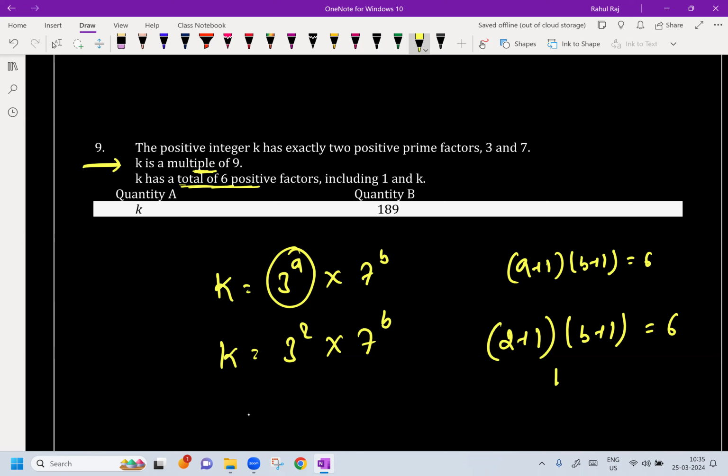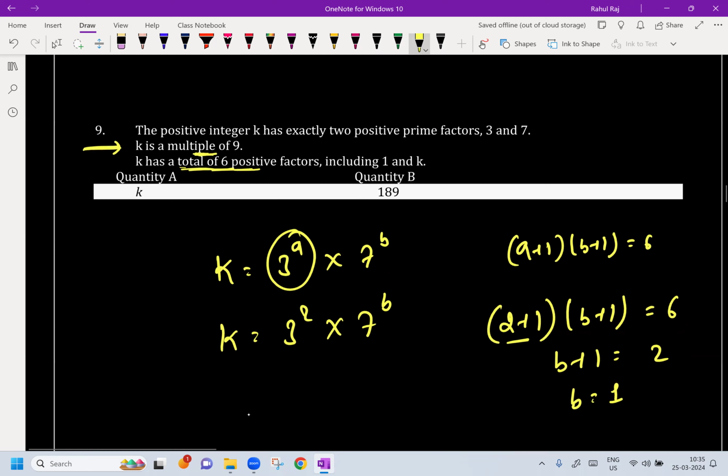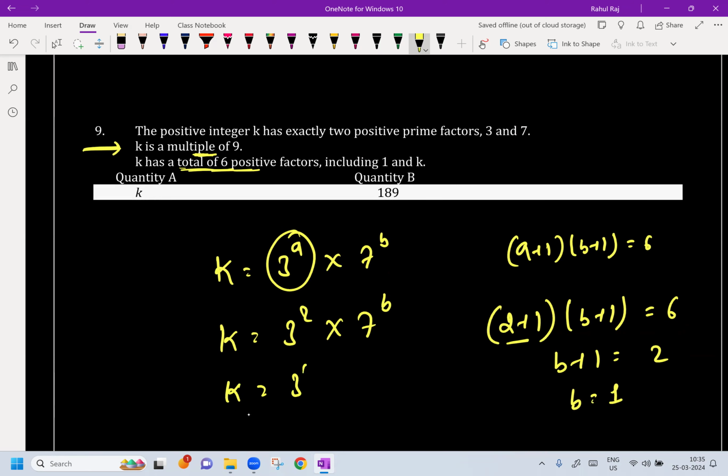So now I have B plus 1 is equal to 2, because you divided 3, and B is equal to 1. So K is equal to 3 square into 7 to the power 1, that is 63, and this is 69. So the answer is B. That's all.